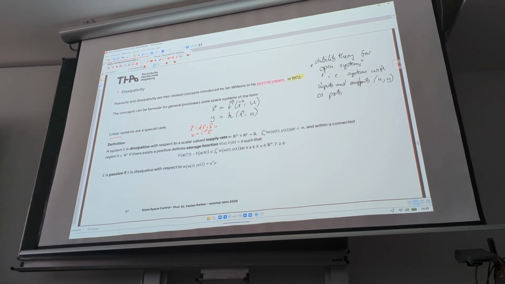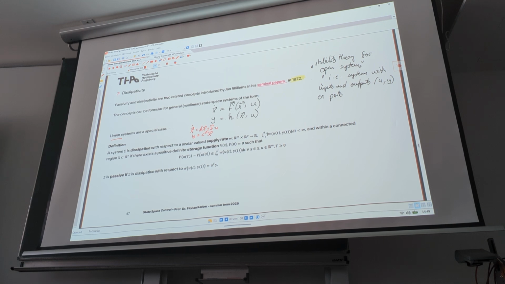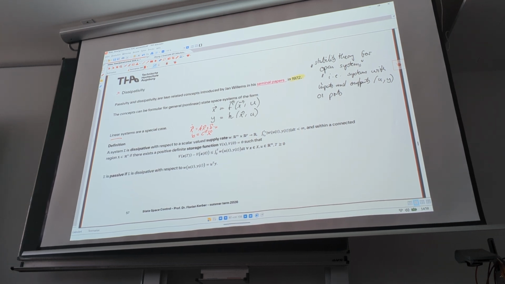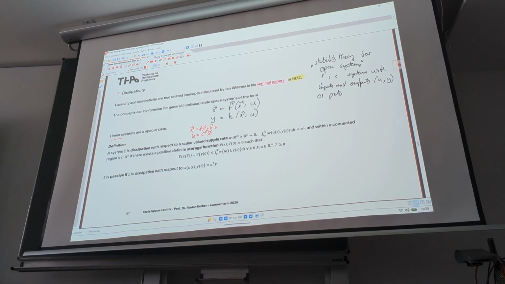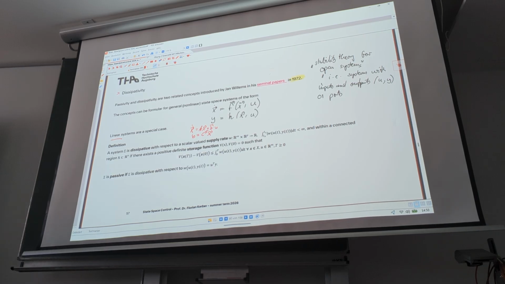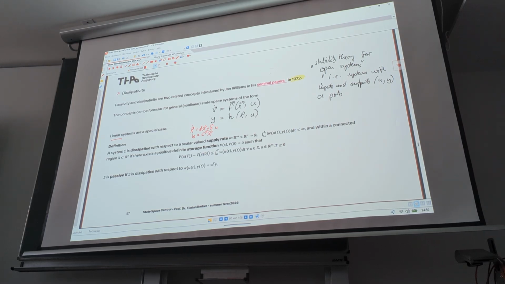Okay, so which means the system cannot generate energy on its own. You could say that this is something very, very basic. That's probably something that is known in physics. There is no perpetual motion. I cannot generate energy in the system. I always have to provide it externally. But you will see that this framework, which specifies this in a mathematically rigorous way, is very beneficial and helps us also to reason about stability of interconnected systems.